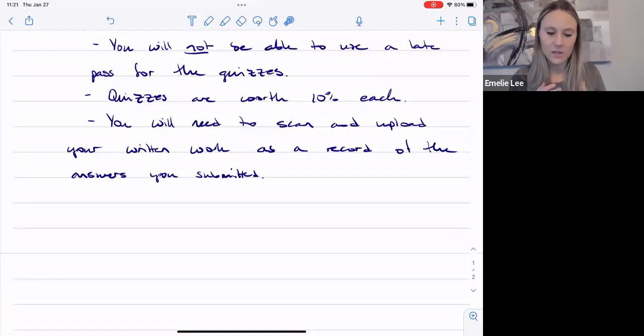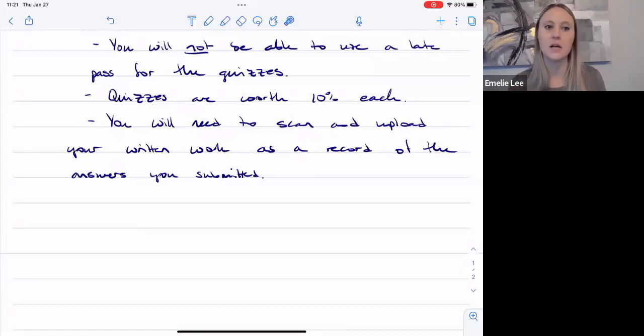What I did was download a bunch of free scanning apps: there's Cam Scanner, Scannable, Adobe Scan. There's lots available. I downloaded all the free ones and then tested them, so you can find one that you like. It's important that you're able to save to a PDF.